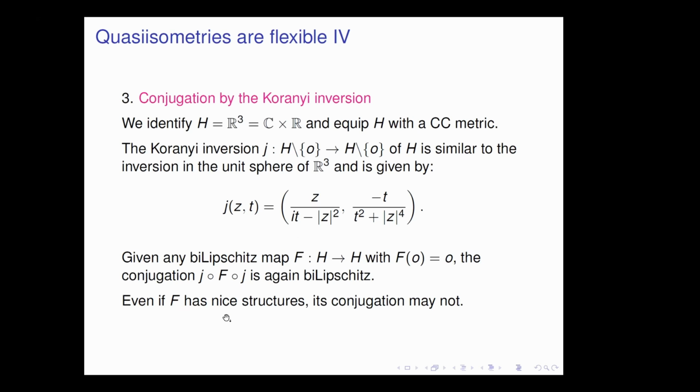Even if F has nice structure, its conjugation may not. So that's another way to get some bi-Lipschitz map of the Heisenberg group. So these are just a recall of these three constructions.